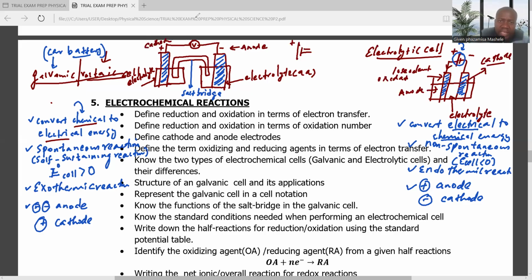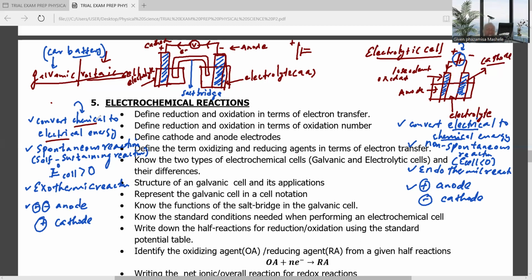And always, because this one loses electrons, the electrons will move from anode to cathode. This is the direction of the electrons. If this one starts to lose electrons, they will flow through to the cathode, and it means this one will gain electrons. So it's very important to be able to know that.